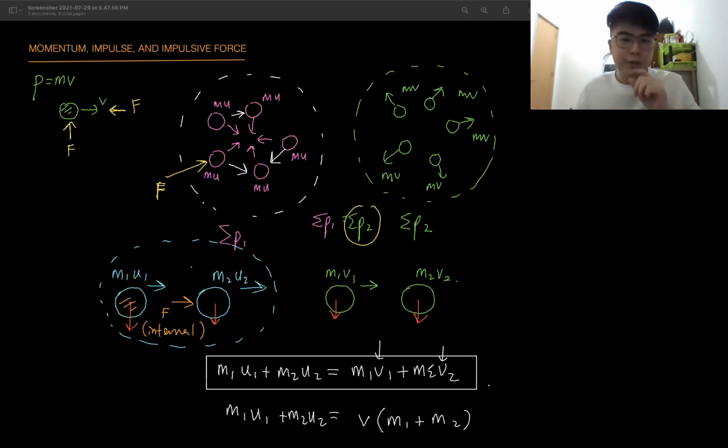Before and after. So you need another equation: 1/2 m1 u1 plus 1/2 m2 u2, that is the total kinetic energy before, equals 1/2 m1 v1 plus 1/2 m2 v2.